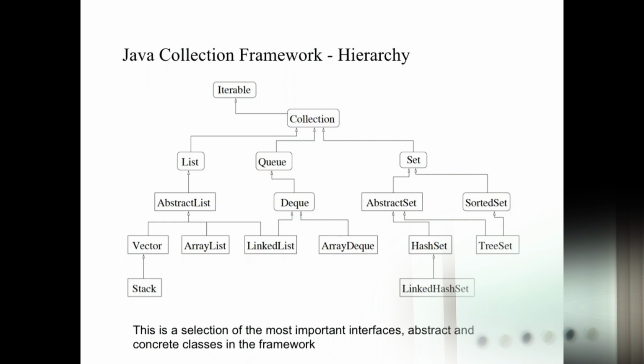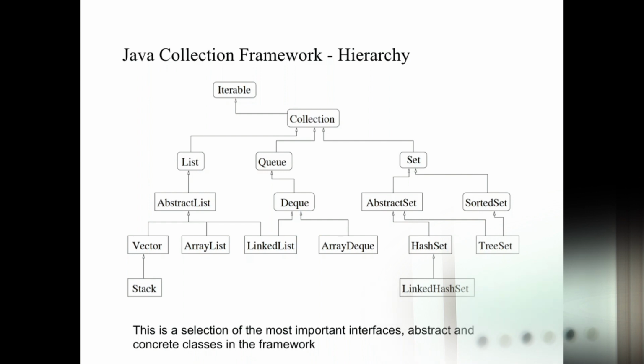Iterable basically provides the functionality that if a class implements this interface, then you can traverse or iterate its elements using the iterator object or the for-each loop in Java. And then the Collection interface defines the basic operations for a collection like add, remove, find, contains, size. We will see what different methods are there.